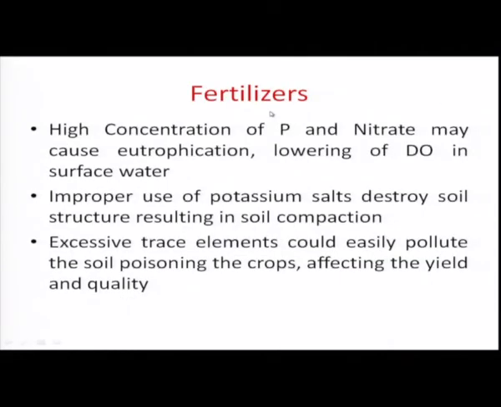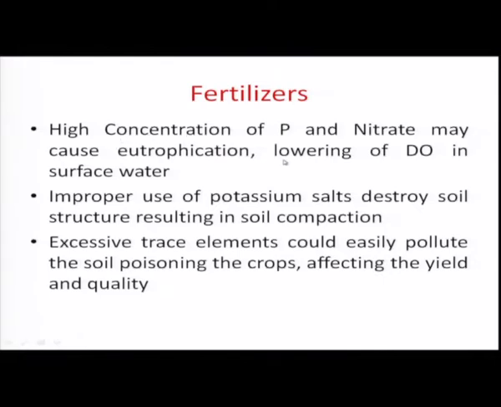So the addition of fertilizer, sometimes in higher concentrations of phosphorus and nitrate, causes eutrophication, because they leach out of the soil and reach water bodies like lakes, ponds and other things, and usually they promote eutrophication. Okay.